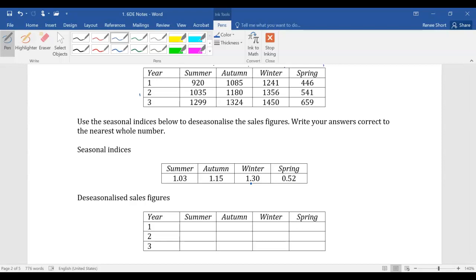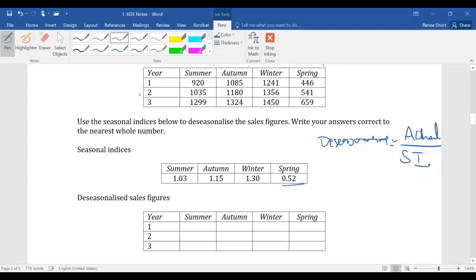But for spring, 0.52, it means her sales in spring are 48% less than the average. So when we deseasonalize, this is going to bump those spring figures up so that they are comparable to the other quarters. To deseasonalize these figures, remember, we take our actual number and divide it by the seasonal index.